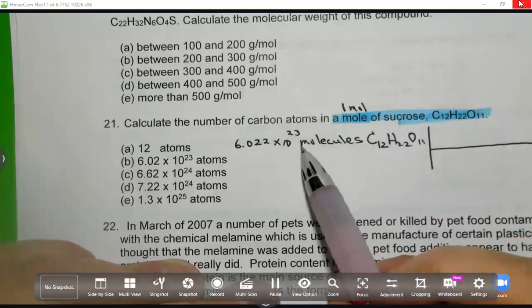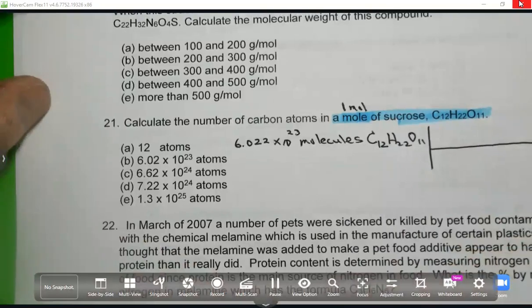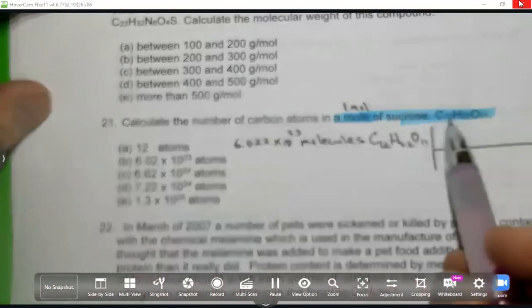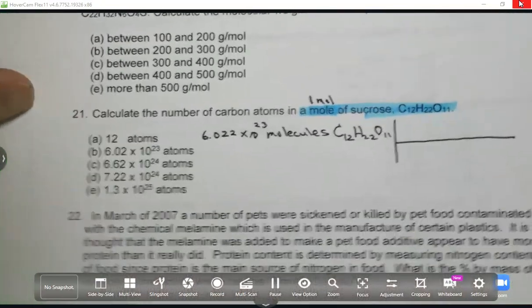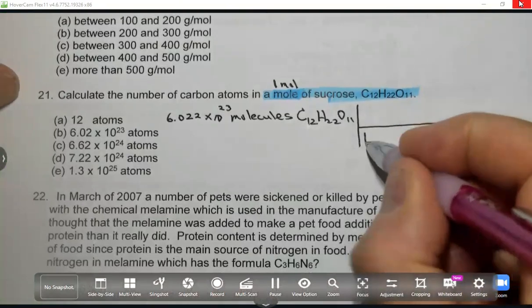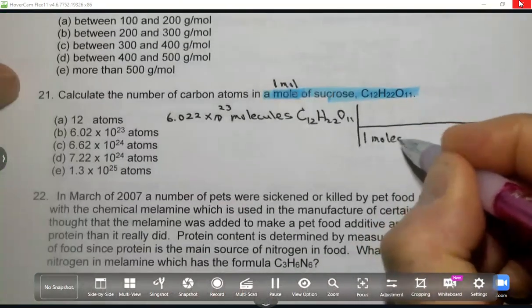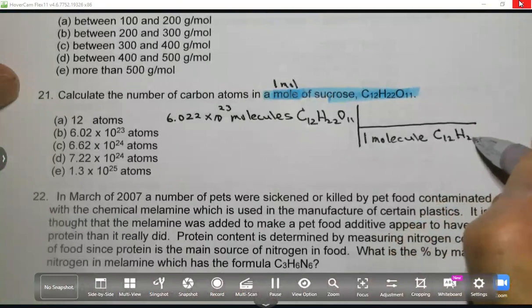With a mole, we have 6.022 times 10 to the 23rd molecules. We would call it molecules. Everything here is non-metals. Then we would go 1 molecule of C12H22O11.